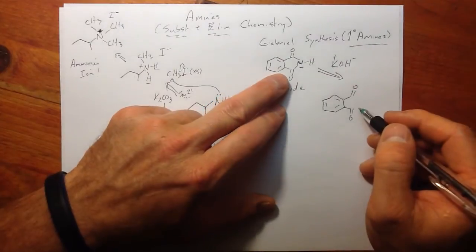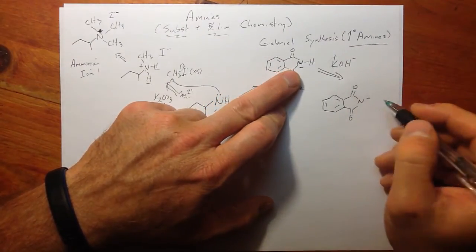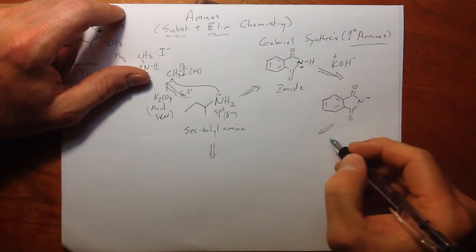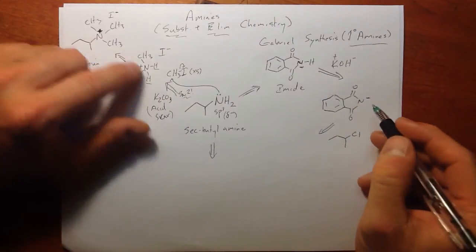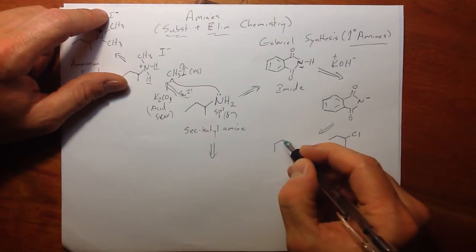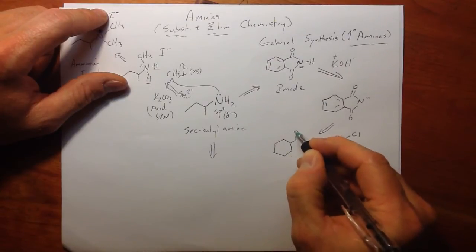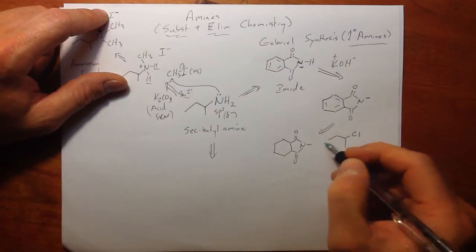So we can take the anion from this imide that we make using a base, and we can add our sec-butyl chloride at that point.